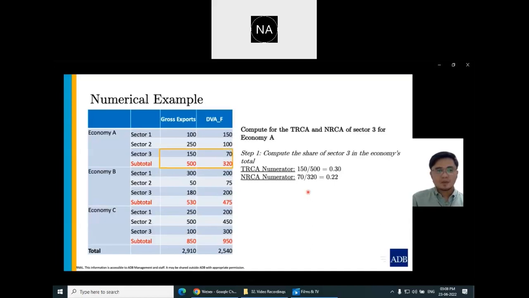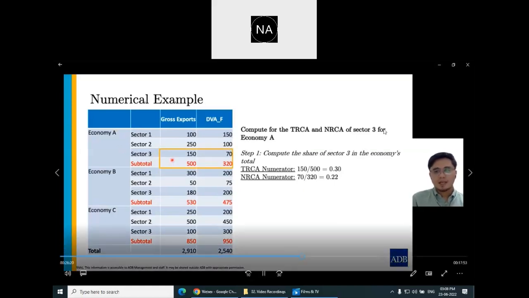Let's first calculate the numerator in step 1. Let's focus on economy A. Here, we get the share of sector 3 gross exports to the total gross exports in economy A. Now we do the same process for value added exports based on forward linkage, or DVA_F.